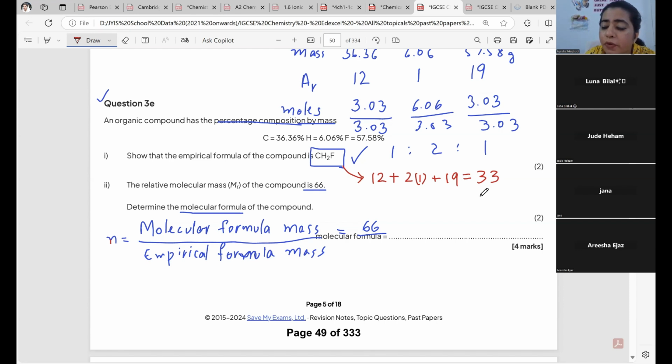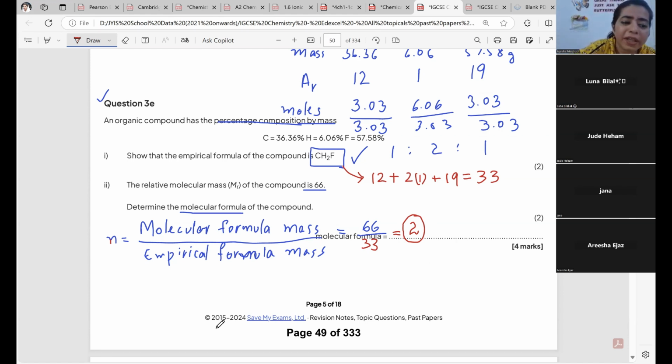So this is the empirical formula mass. Divide 66 by this, and you will get the number 2. Then we multiply 2 by the empirical formula, to get the molecular formula.